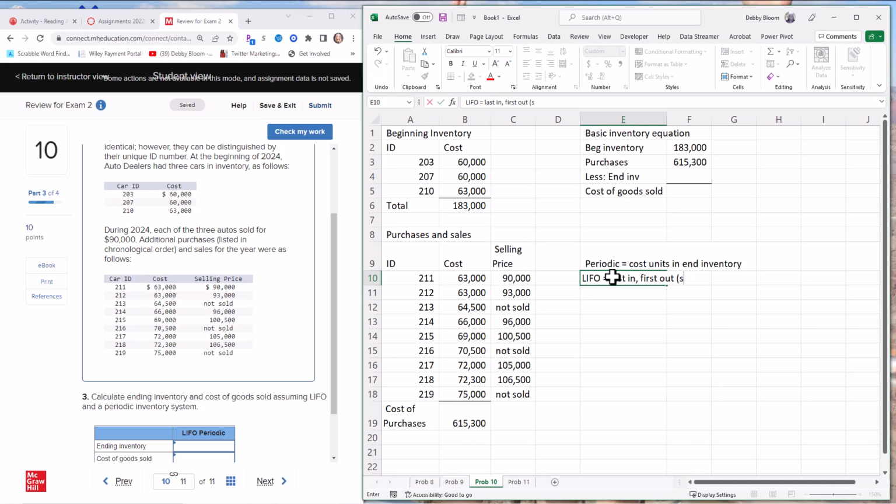And remember, the out refers to sales. So in this case, we're supposed to assume that the newest items are sold first. So we have to take that leap of logic that if the newest items are sold first, then the oldest items remain in ending inventory.